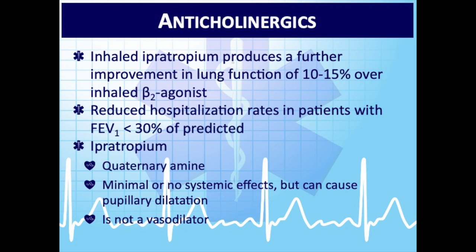Along with albuterol, I'm going to talk a little bit about anticholinergics. You're probably familiar with ipratropium or Atrovent. This is another agent that can be used to bronchodilate patients, but it works on different receptors than your beta-2 agonists. So what receptors does it work on? Anyone know?